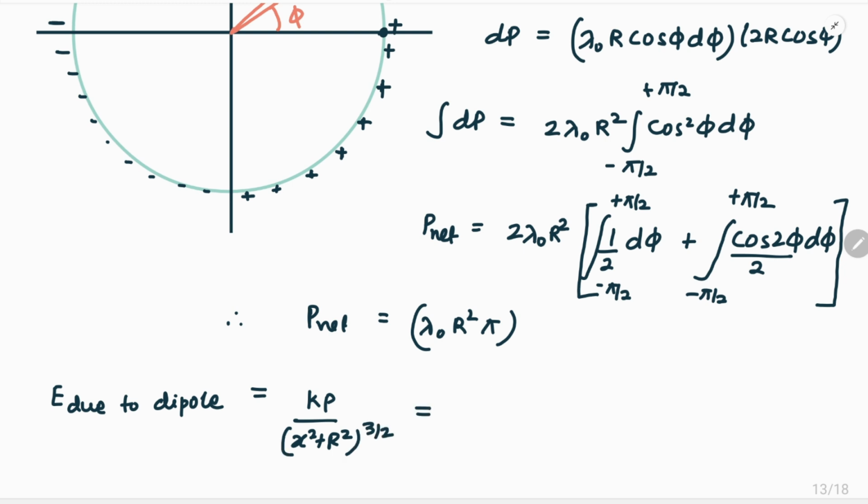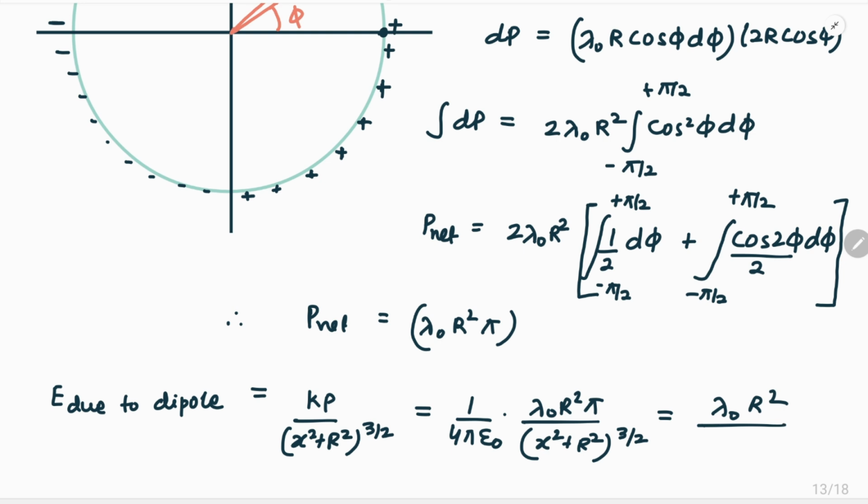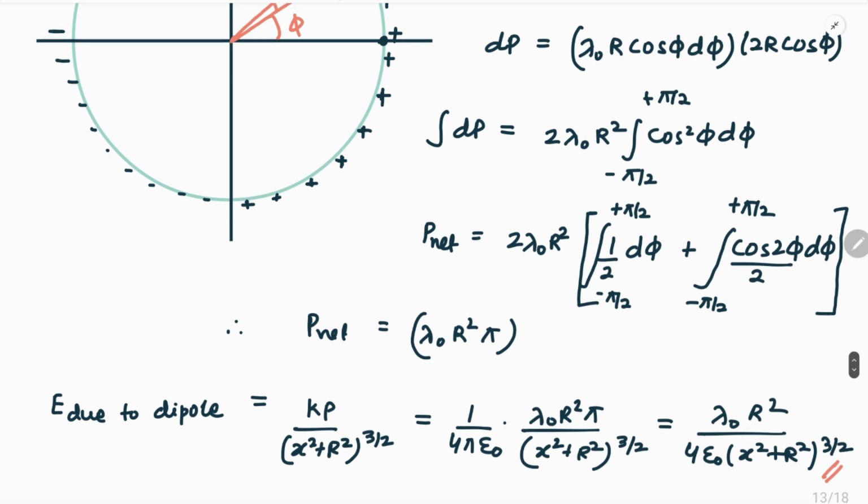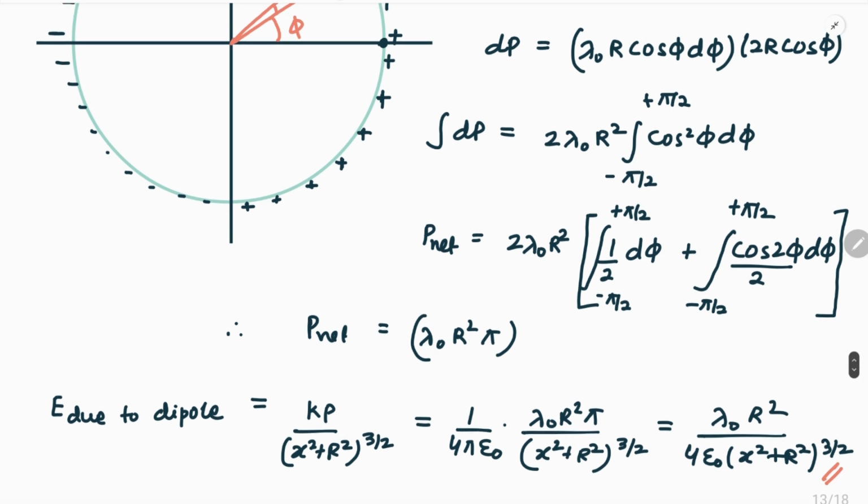Therefore the final answer is going to look like 1 upon 4 pi epsilon naught, lambda naught r square pi by (x square plus r square) to the power 3 by 2, and it is equal to lambda naught r square upon 4 epsilon naught (x square plus r square) to the power 3 by 2. So this is the second part of the problem which the question is asking us to calculate.